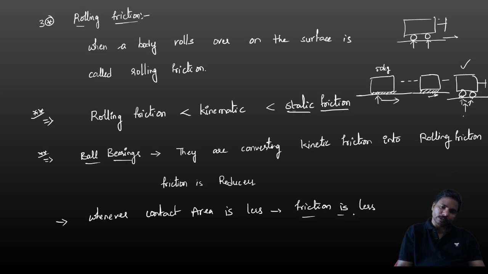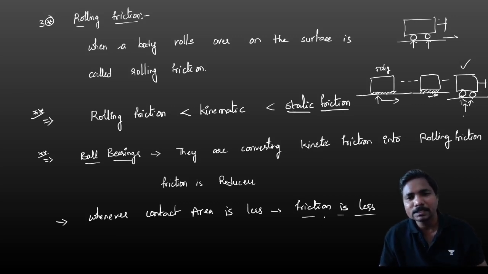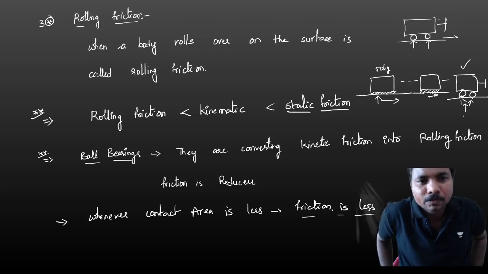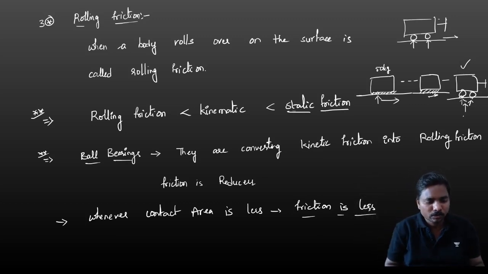This is also another important point. Okay, so these are the only important points in friction. No need to discuss more and more about this. The next one is surface tension.